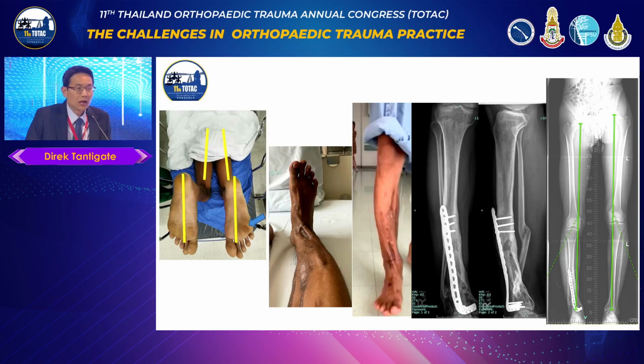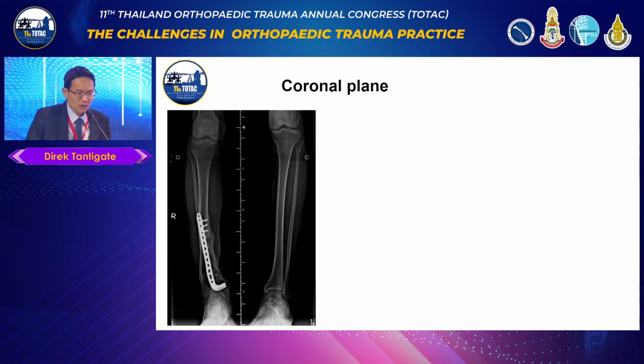I used the clinical examination to determine the rotational malalignment using the rotational profile. You can see the internal rotation of the leg. In the coronal plane analysis, this is the mechanical axis of the tibia. It is varus about 12 degrees.